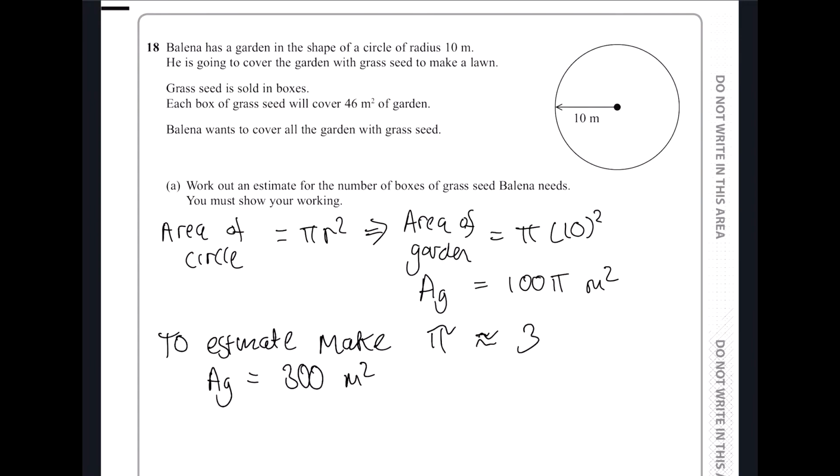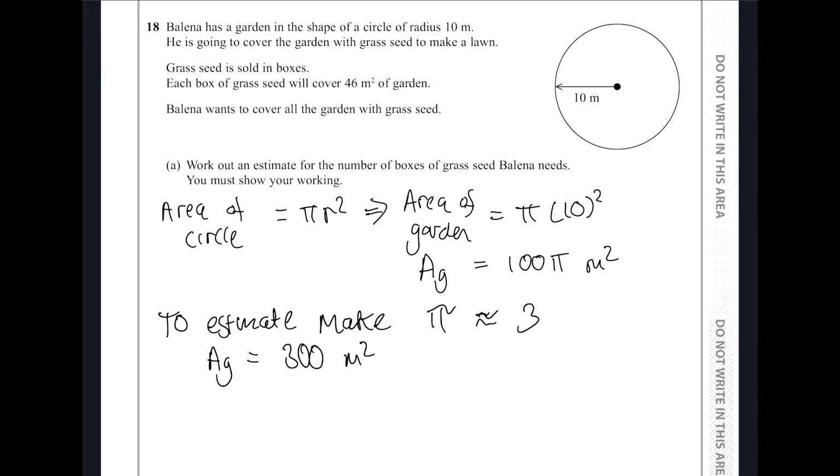Okay, so we do that. Then what we can also do, to make things sort of approximate, is then also round the meters squared covered by each box of grass seed.